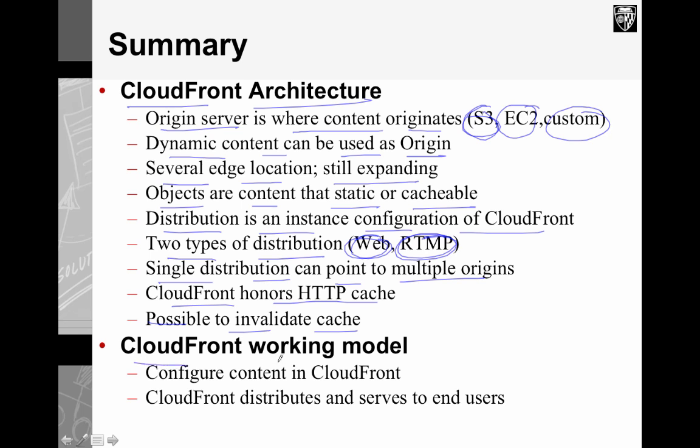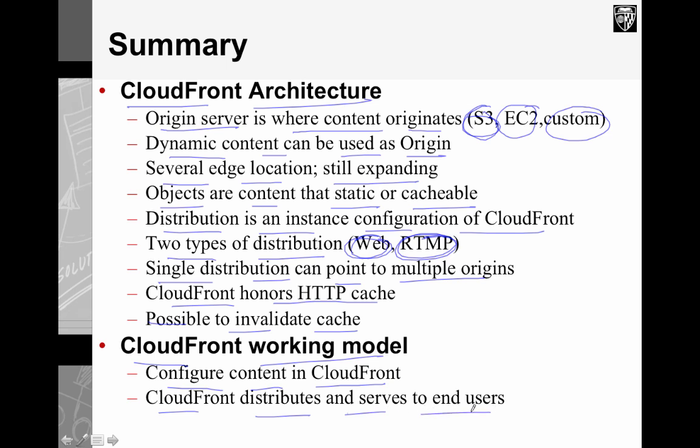in terms of the CloudFront working model, you as the content provider will configure content in CloudFront by creating a distribution, and this distribution is then copied over to the various edge sites. And then the second part to it is CloudFront distributing the actual content to the various edge servers so that the end users can have access to it.